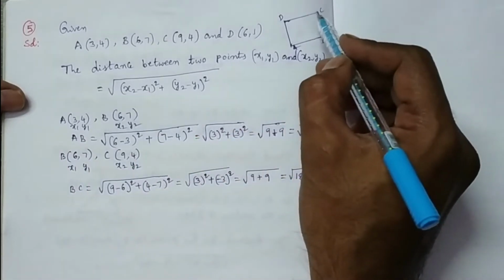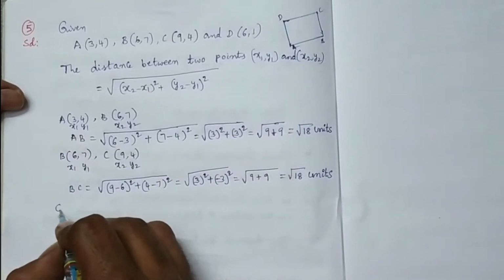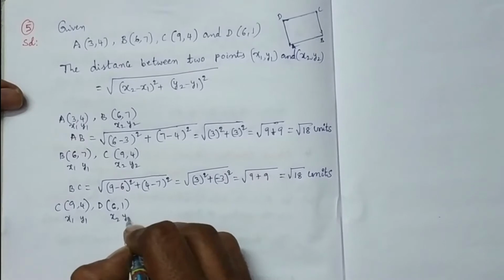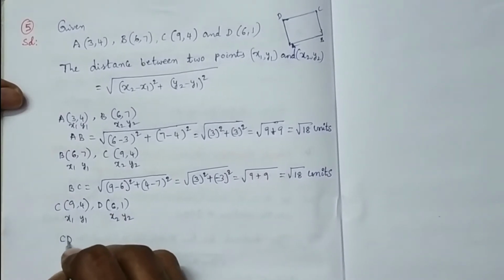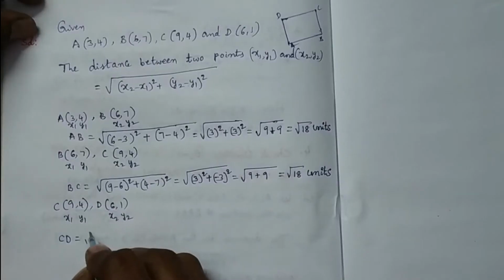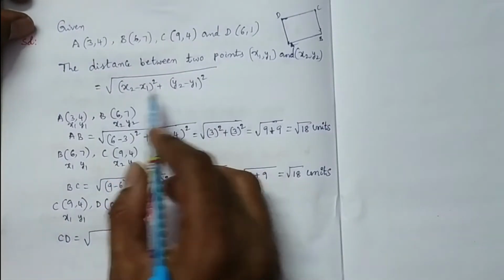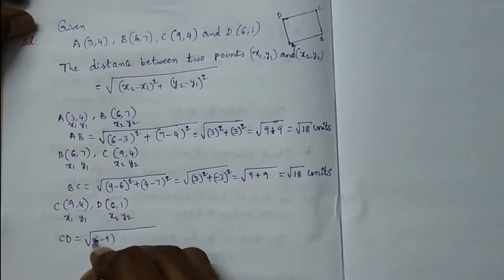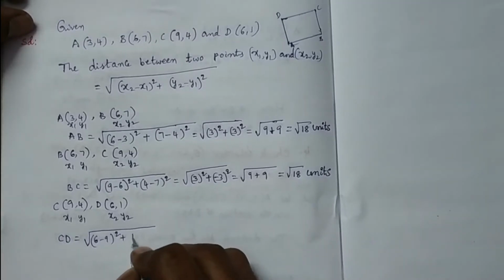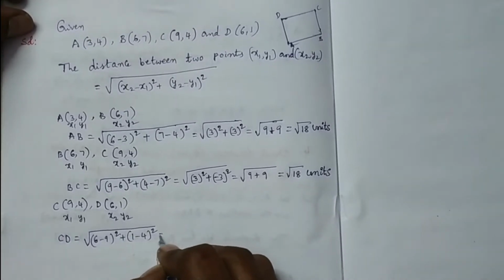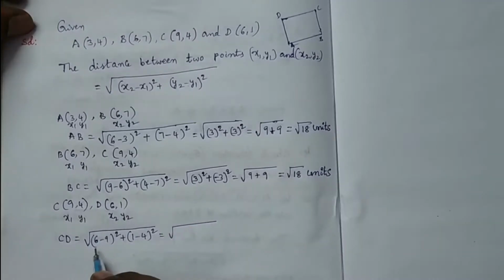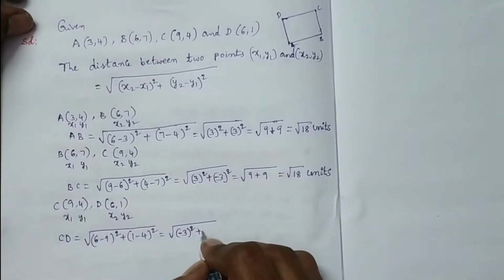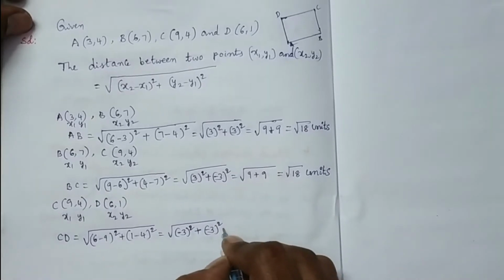Next we have to find the length CD. Take the points C and D as x1, y1, x2, y2. Substituting in the formula: square root of 6 minus 9 whole square plus 1 minus 4 whole square, that is minus 3 whole square plus minus 3 whole square.